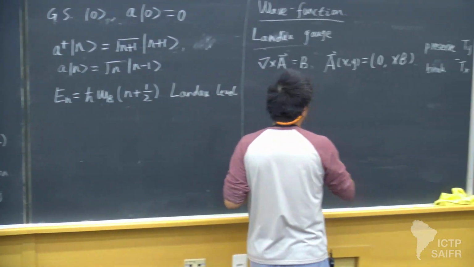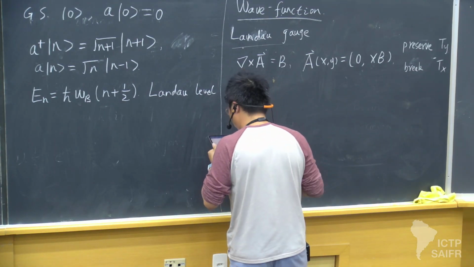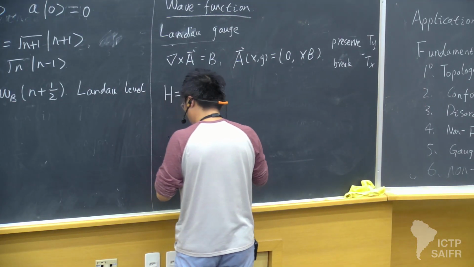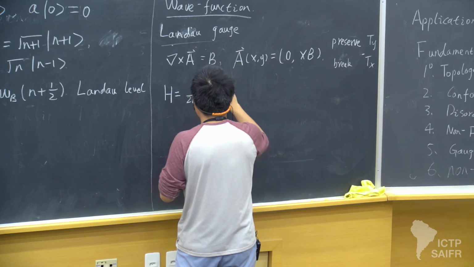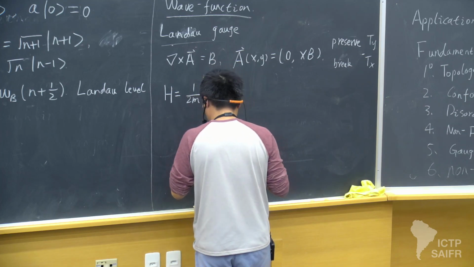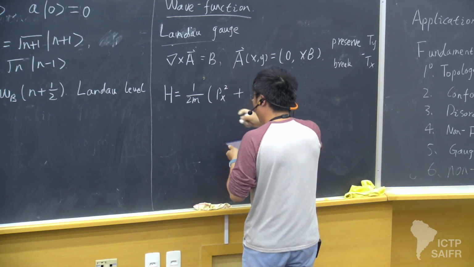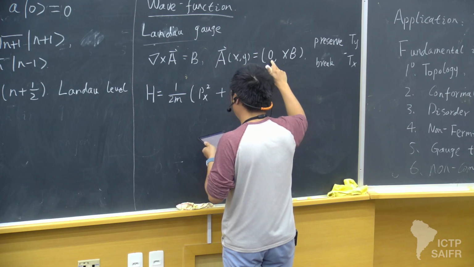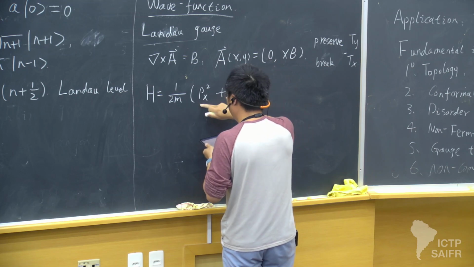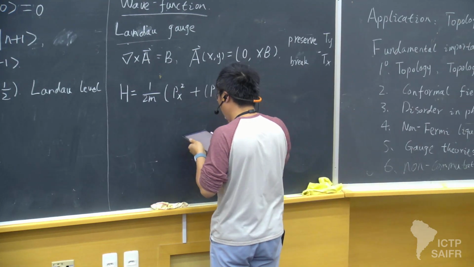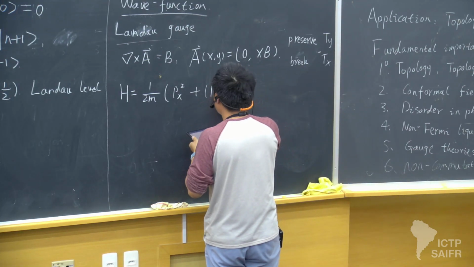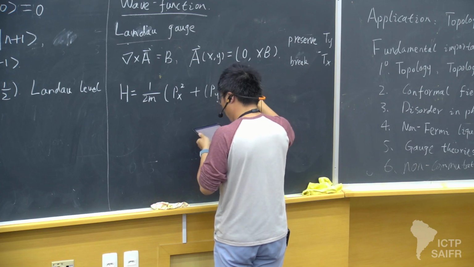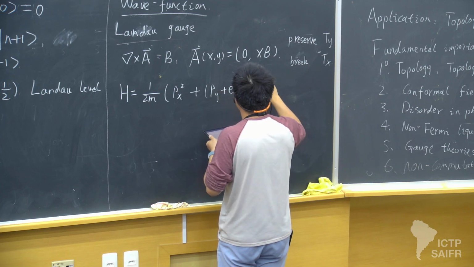Now we can rewrite our Hamiltonian using this gauge, which is 1 over 2m times px squared, because the vector potential I chose has 0 component in the x direction, plus py plus my gauge, squared.